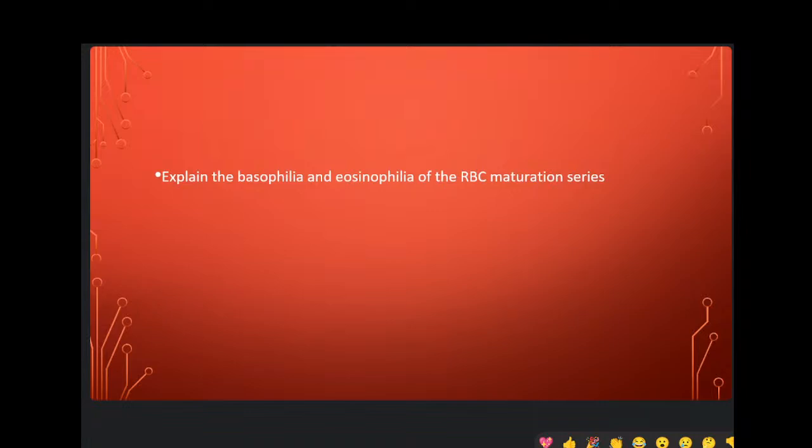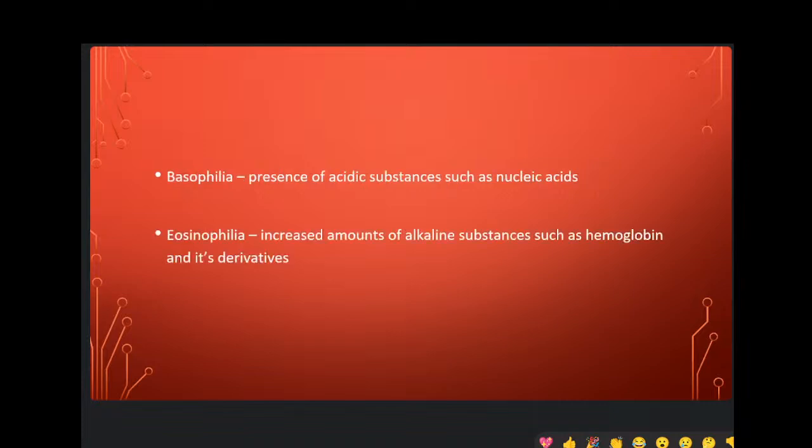Opposites attract. Eosinophilia is increased amount of alkaline substances, meaning that there is a lot of hemoglobin and its derivatives in the cytoplasm. Okay? That's why it becomes red. Okay? Clear? Sabi ni Valiant, clear, sir. Alright. Let's move on to the next slide.